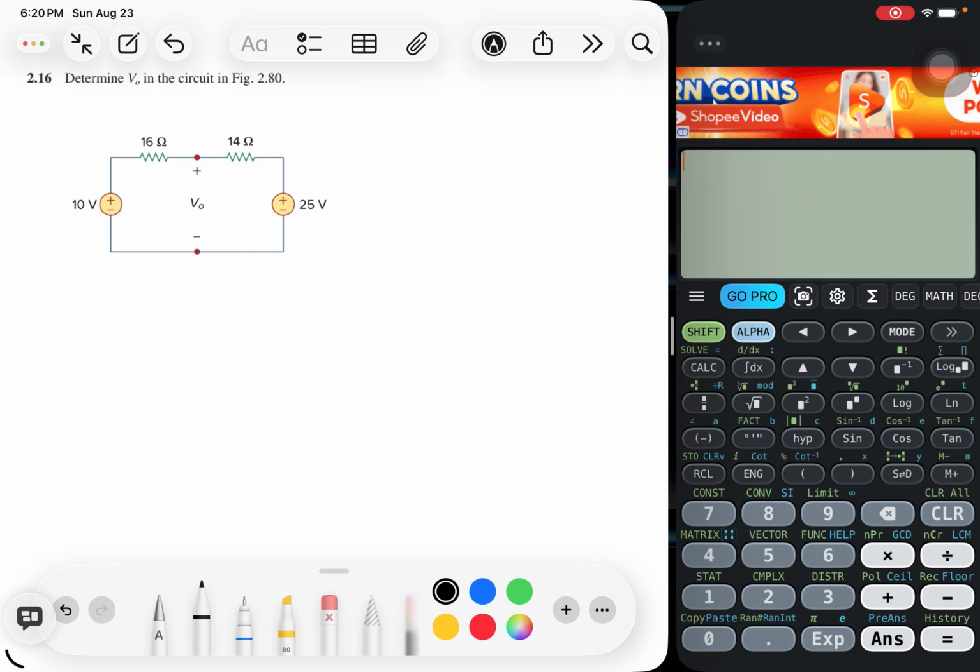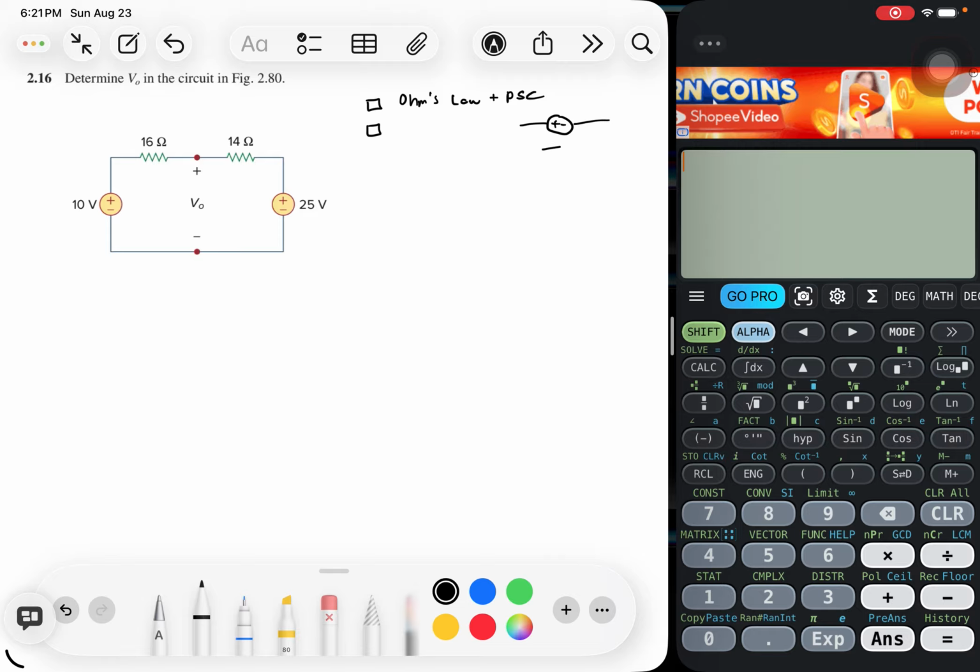Well, first, of course, based on circuit analysis, we have our checklist of techniques that we are going to use. We can use Ohm's law. We can use Ohm's law plus the passive sign convention. For instance, you have a voltage source that is plus minus.